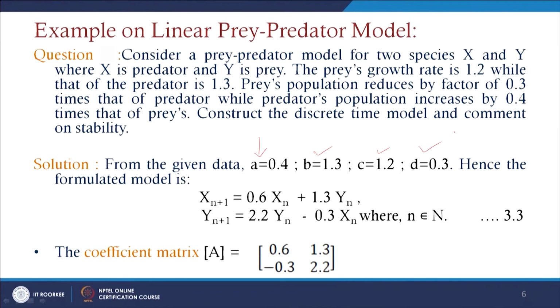And finally, the prey's population reduces by a factor of 0.3 times that of the predator, that is nothing but D equals 0.3 here. Hence, the formulated model, if you write it, is x_{n+1} equals 0.6 x_n plus 1.3 y_n. Since we are writing that as 1 minus 0.4, that is why it comes as 0.6 here, and specifically B is present independently, so that is why it is written as 1.3 here.